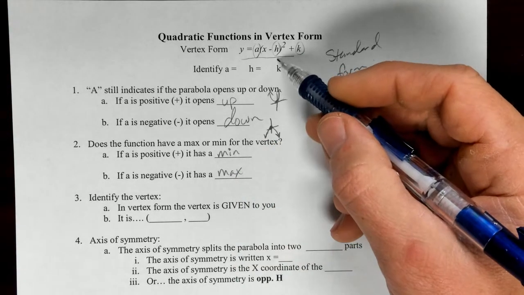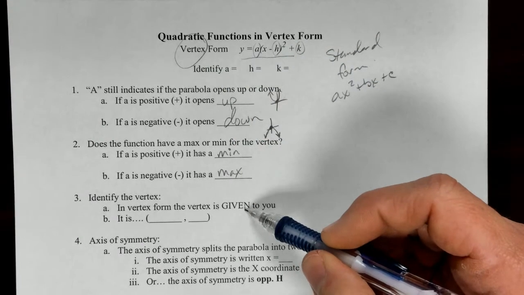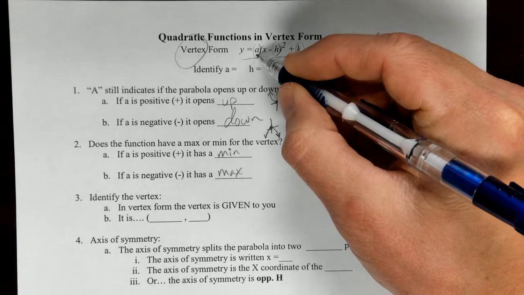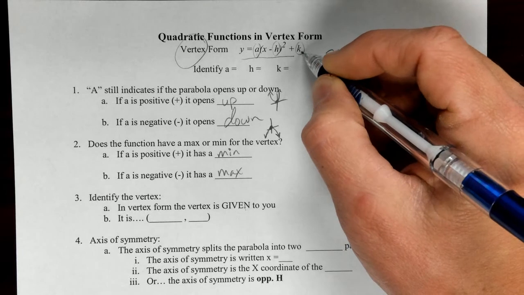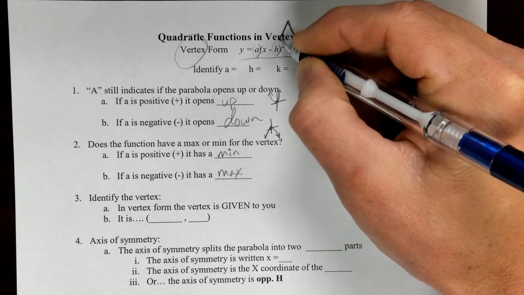In the vertex form, there's a reason we call it vertex form, because it gives you the vertex. Okay, so if I'm looking here, I have three variables that I've never seen before, right? A, h, and k. These are my vertex.